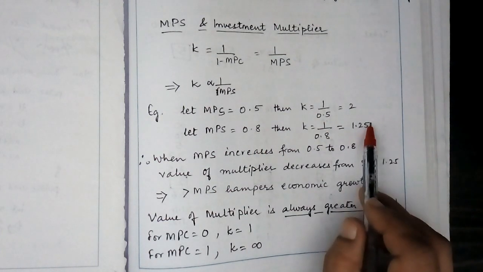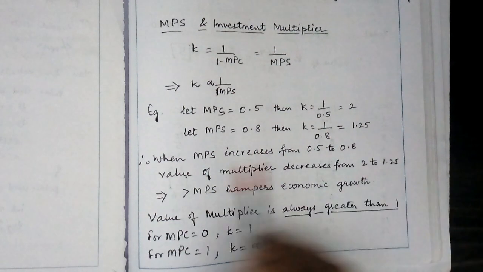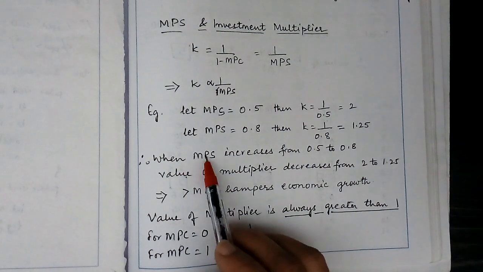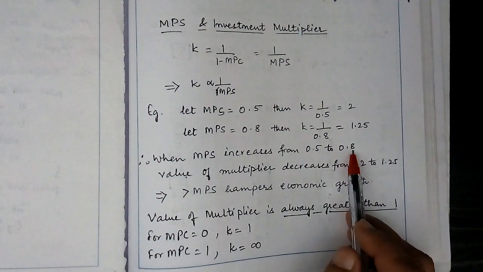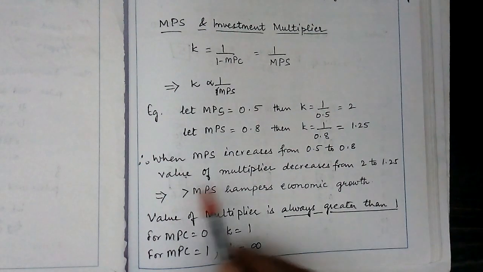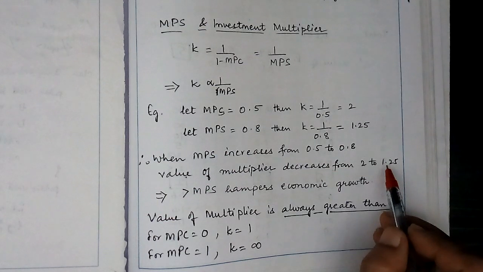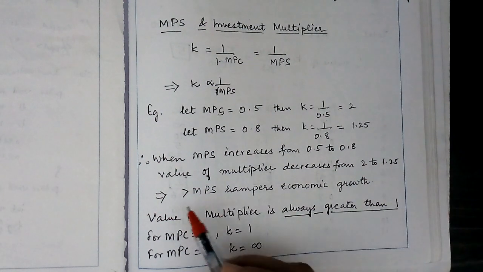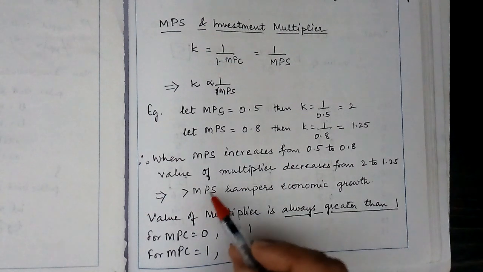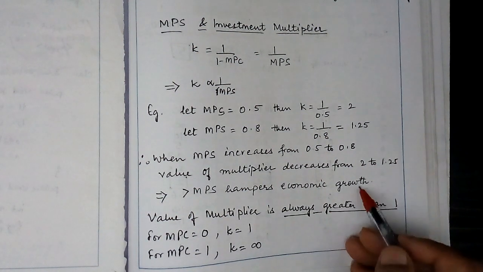The investment multiplier decreased. Therefore, when marginal propensity to save increases from 0.5 to 0.8, the value of multiplier decreases from 2 to 1.25. This implies greater MPS hampers economic growth.